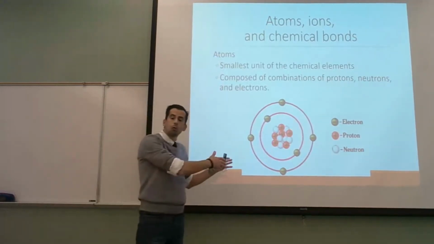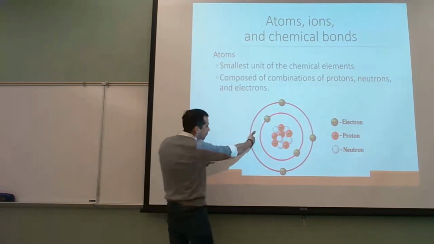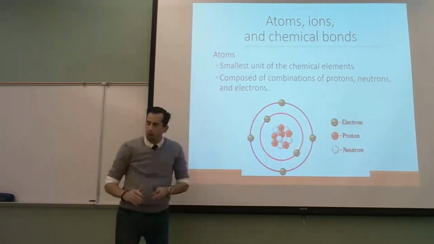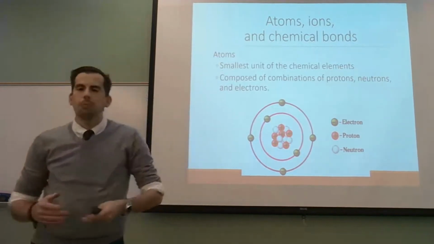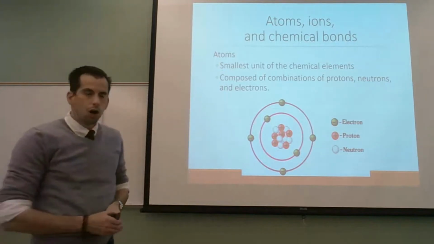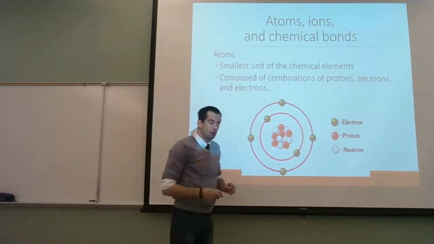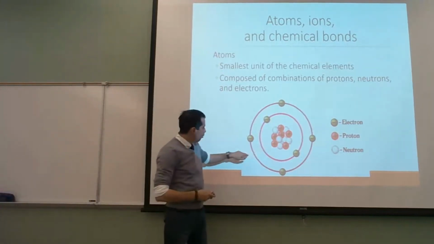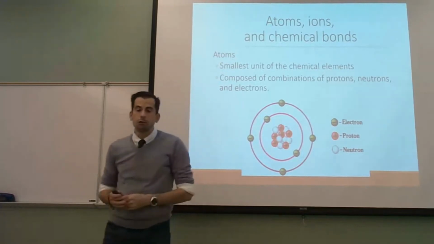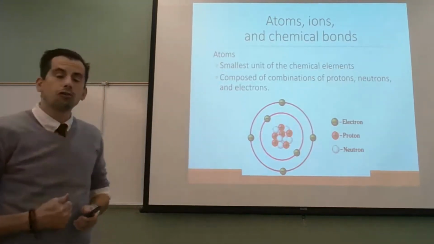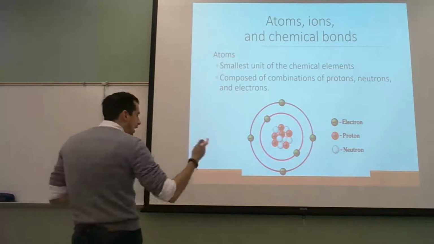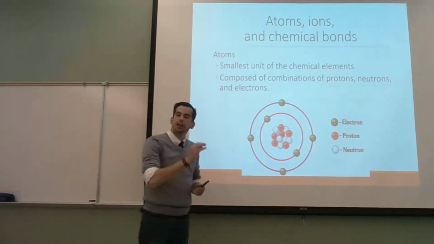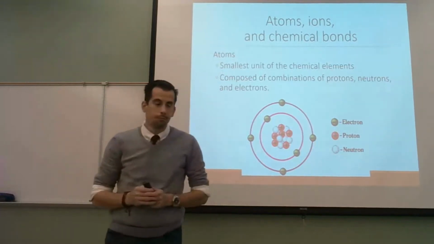Once you start getting into a 4th layer and fill that, then you can go back and put some more in the 3rd and grow that way. But we won't need to get into any atoms that even reach that size. We won't get into any atoms in our discussion that go beyond 3 orbital layers in size. So 2 in the first, 8 in the second, 8 in the third. That's the maximum capacity of each of those layers.